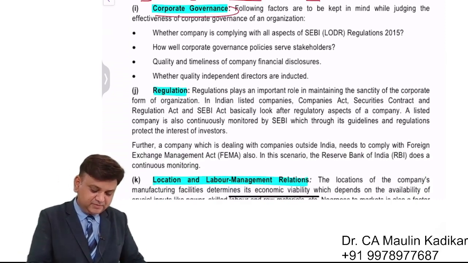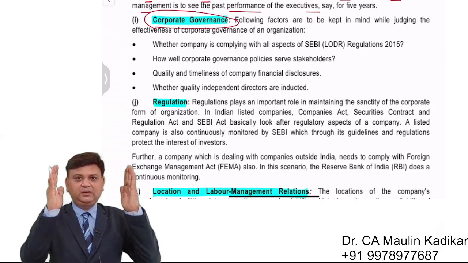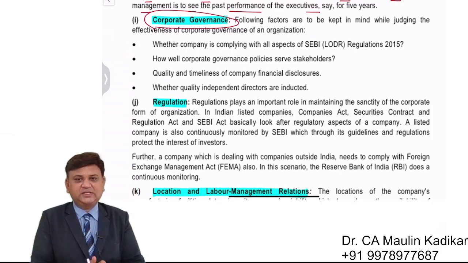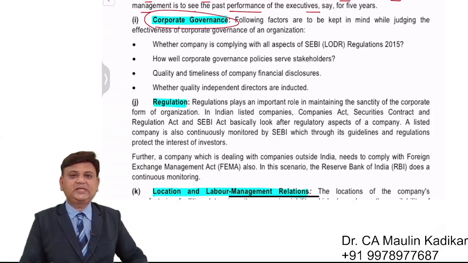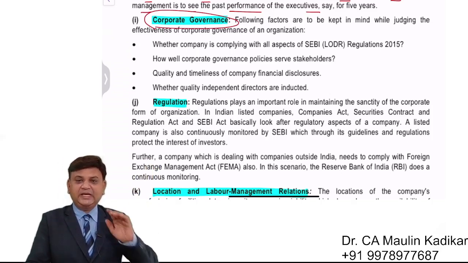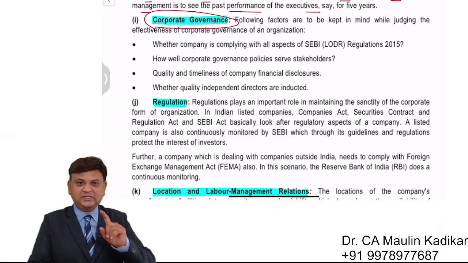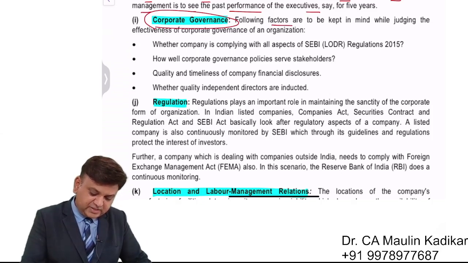Corporate governance, we understand that top management, then senior level management, middle level management, and the last level management. Okay, this is what we understand is the hierarchy that they have, so we are required to see whether it is properly maintained or not. Following factors have to be kept in mind while judging the effectiveness of corporate governance.